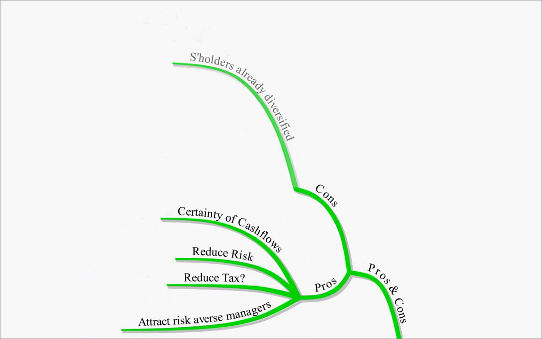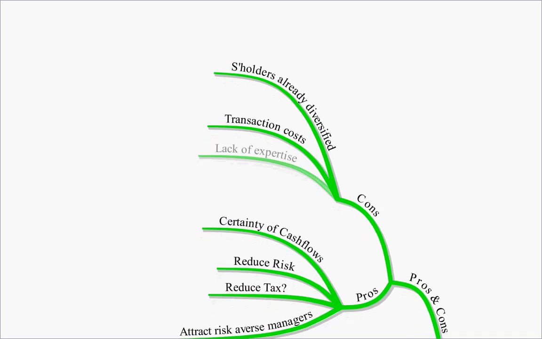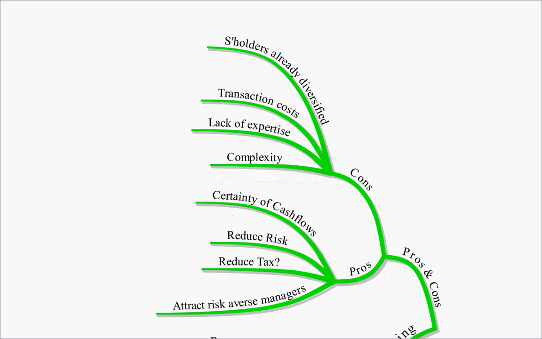On the downside, the shareholders are assumed to be already diversified, so by hedging you're effectively diversifying them again. There will be transaction costs involved. You may have a lack of expertise in the organisation to actually conduct the hedge, and they are complex, which can prove difficult.